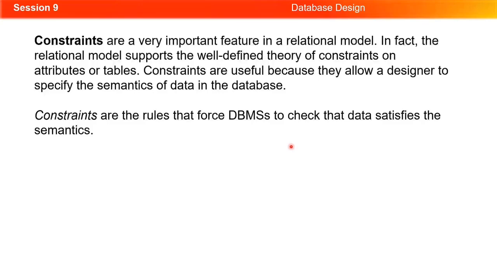by the database management product, and it has to do with the data that goes into a column. The relational model supports the well-defined theory of constraints on attributes and tables. So we're going to constrain attributes or columns to only accept certain types of data.